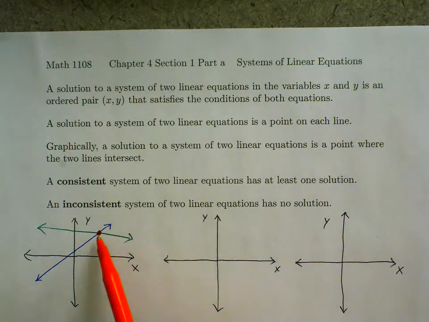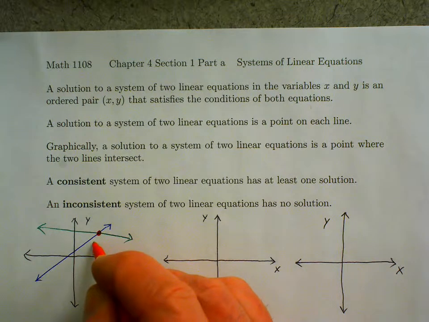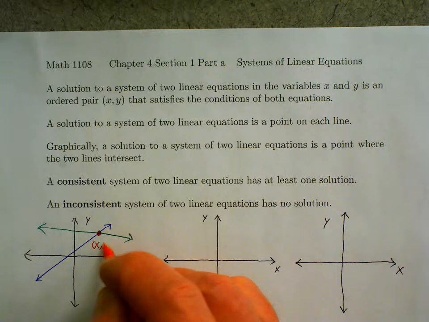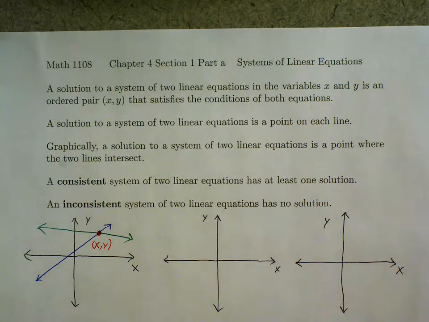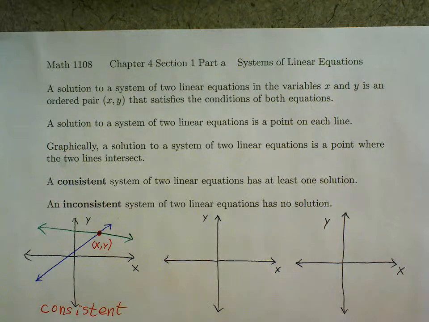So the ordered pair for that point, whatever those numbers happen to be, x comma y in parentheses, this ordered pair is a solution to the system of two linear equations. So the system in this picture has one solution. And so this system is consistent because it has one solution.